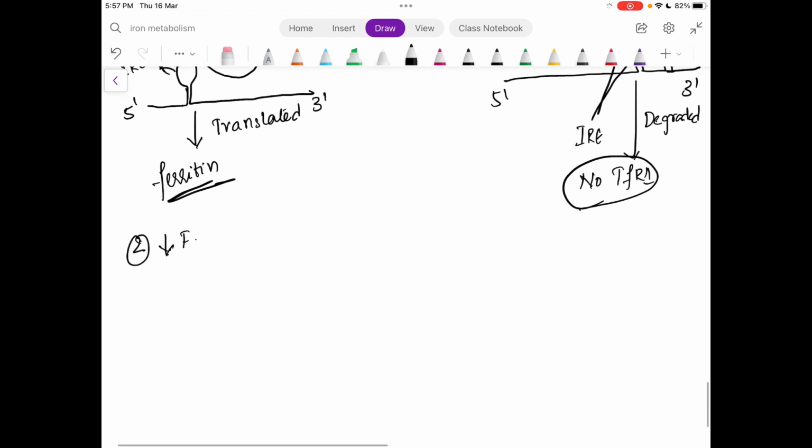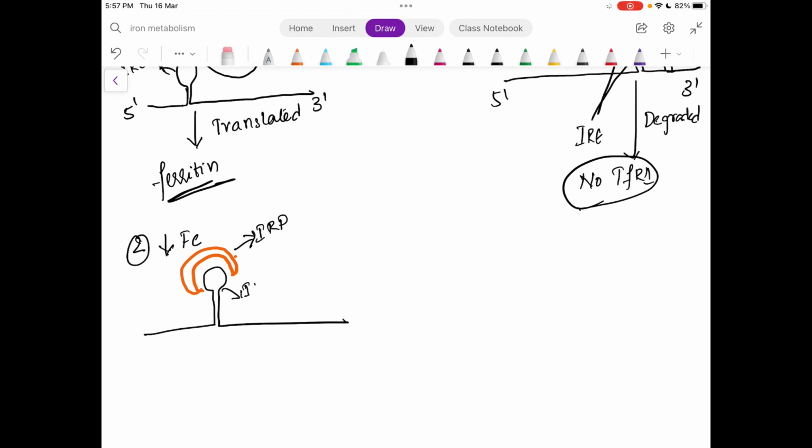What happens at decreased iron levels? Then at the ferritin site at the 5' end, the iron regulatory protein will bind with the iron response element. This is the 5' end, 3' end.